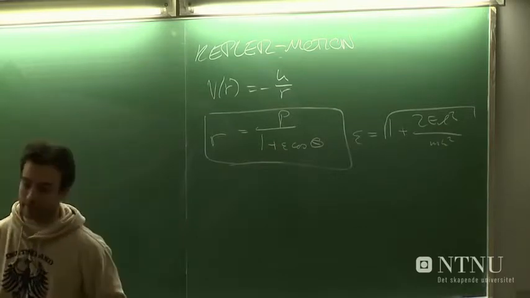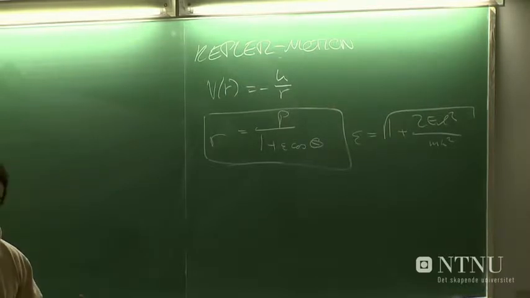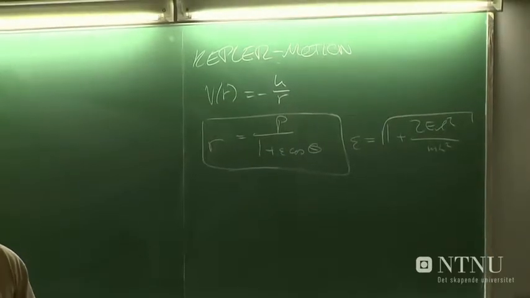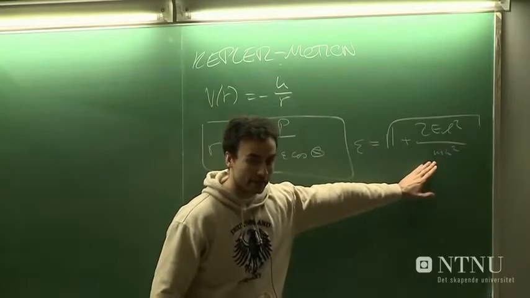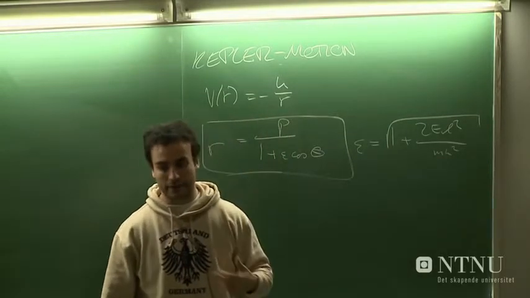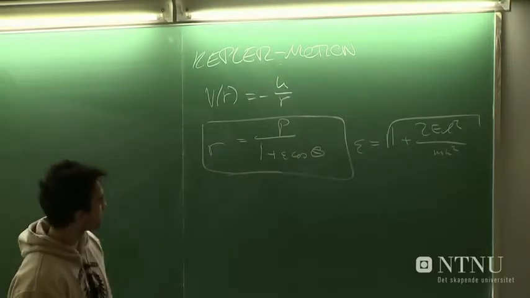In principle, you could think that if we start off with a problem with a lot of parameters, then depending on how we change these parameters individually, we can end up with a large variety of orbits. But in fact, it's this particular combination that determines whether we get an ellipse, a hyperbola, etc.